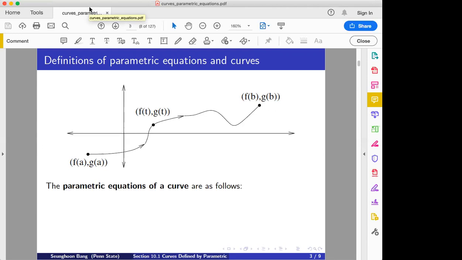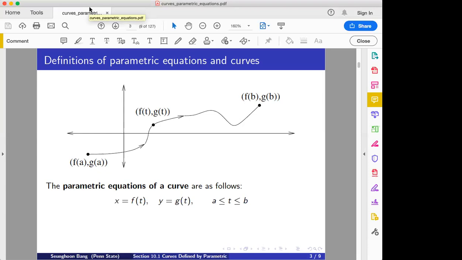This is the definition: x equals f of t, y equals g of t, where t is from a to b. We call these parametric equations. We can use parametric equations to express two things. First, the trace of a point, the exact graph of the point.